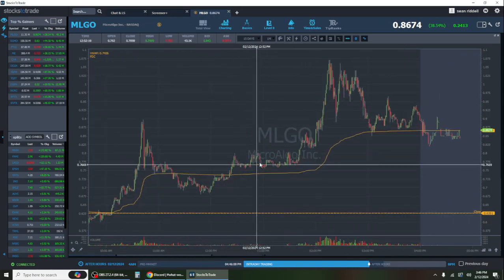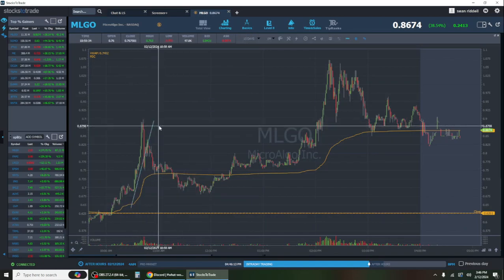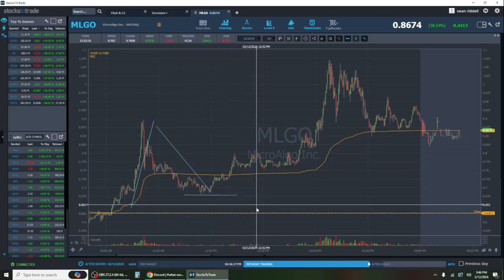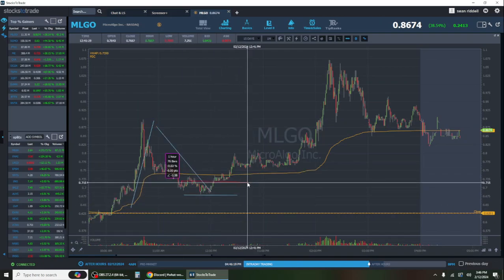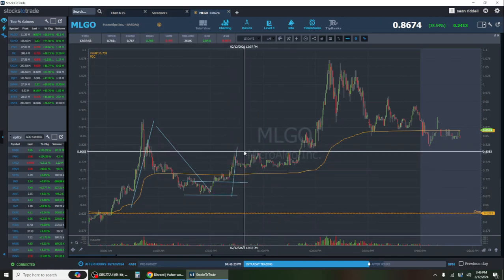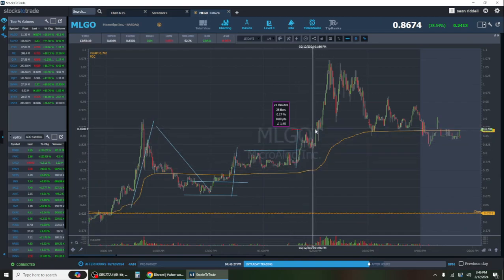So MLGO makes a big move, pulls back, bases, breaks the base, consolidates above VWAP, and stair steps higher.